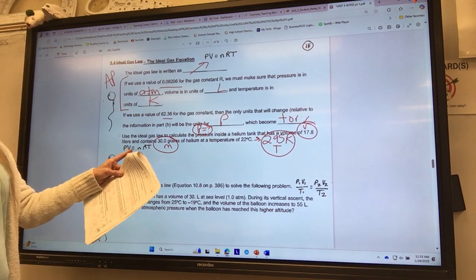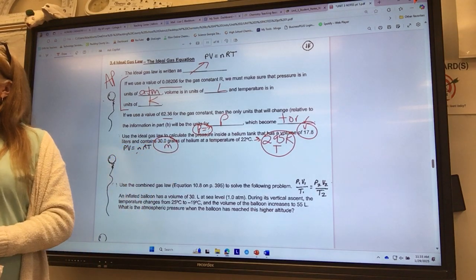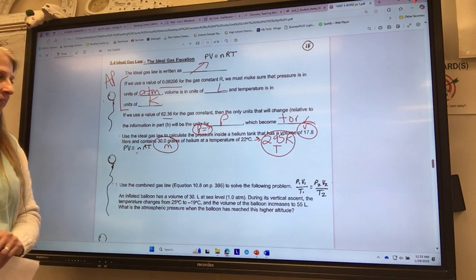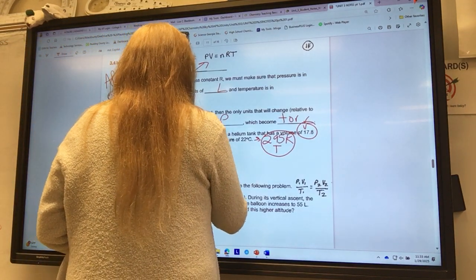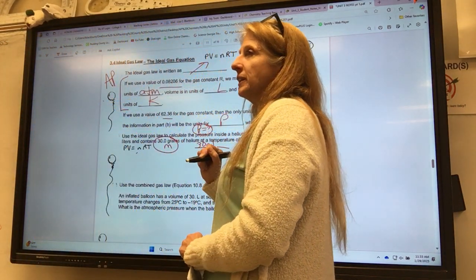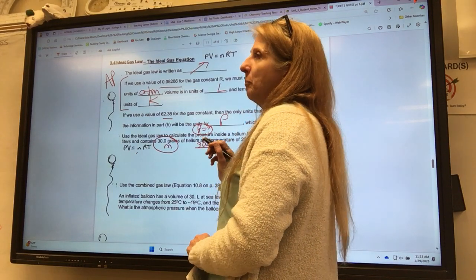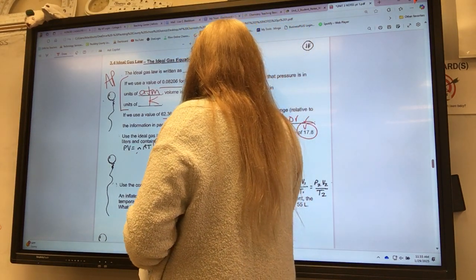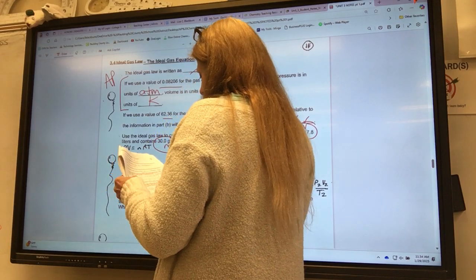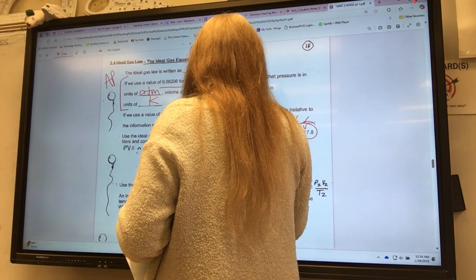But it's number of moles. Can I get the number of moles for my grams? Why, yes, I can. So I put 30 grams. I divide by what goes with delicious graham crackers, the M&Ms. So helium is 4. So this is equal to 7.5.